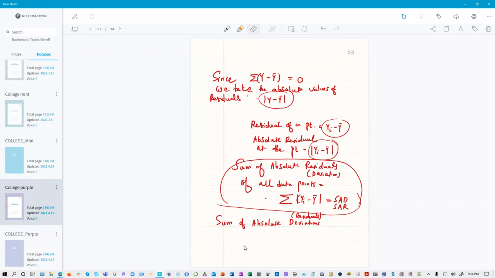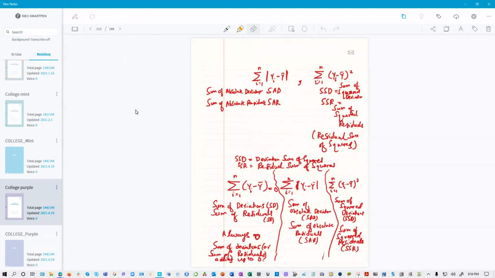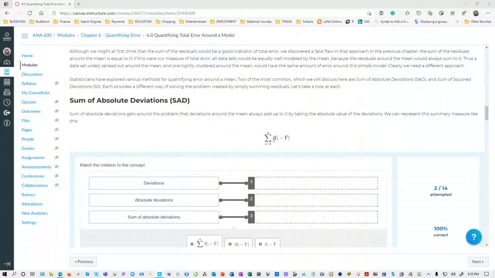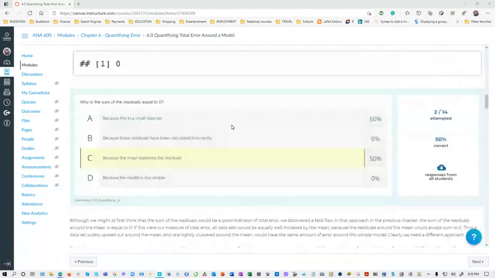So how do you calculate that one? For the time being, let's look at this data.